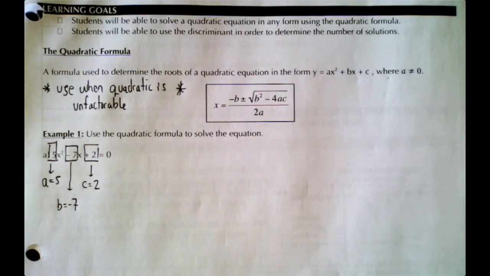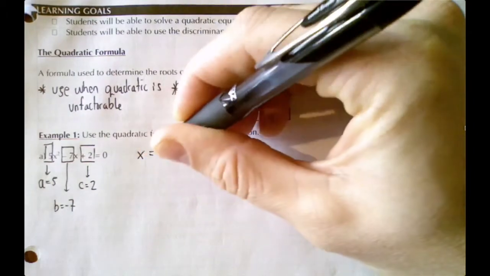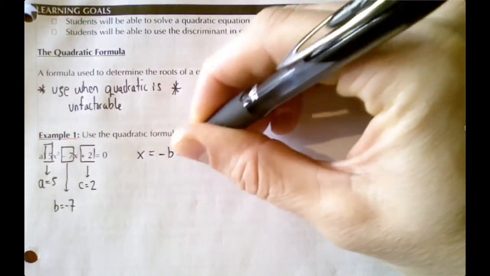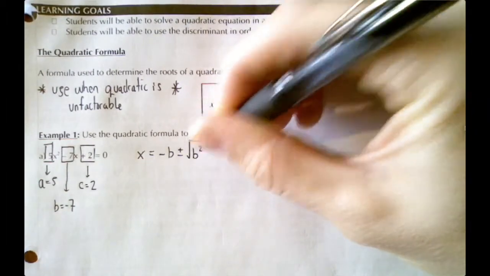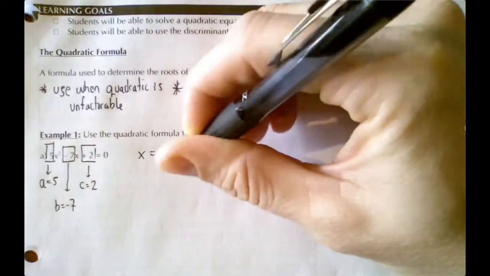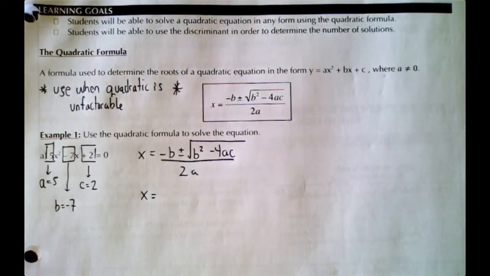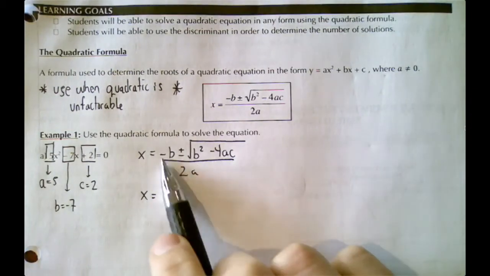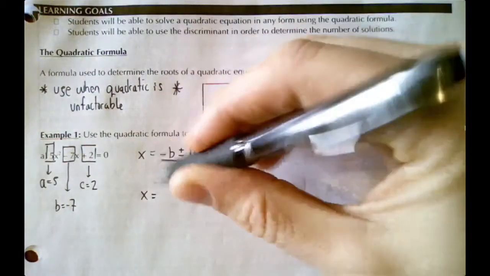So let's use the quadratic formula. Here we go. X equals negative b plus minus square root b squared minus 4ac divided by 2a. Let's fill in what we have. So we've got negative b to start. B is negative 7, so negative 7 would be positive 7.